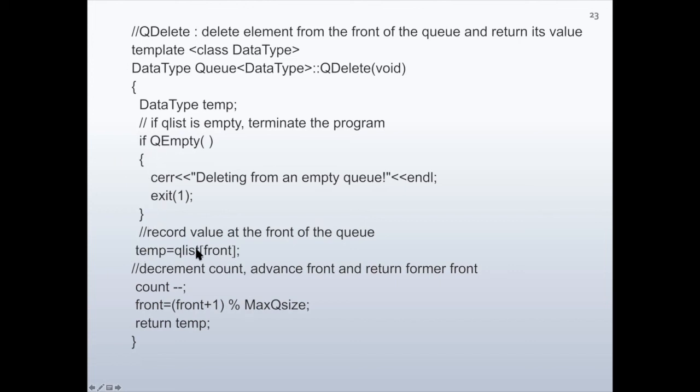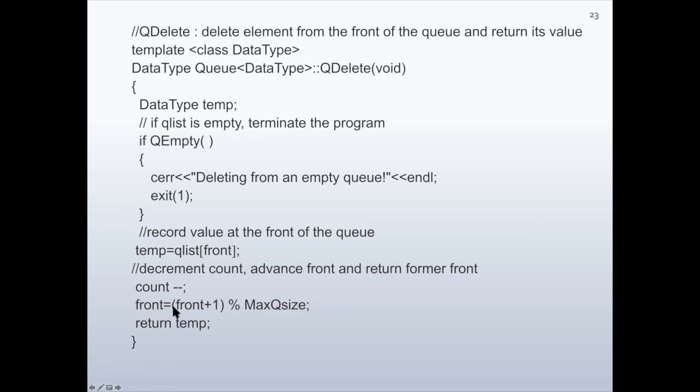We are getting the item at position front of the queue list and it is stored into the variable temp defined here. Then count is decremented by 1 and front is incremented by 1, and the remainder by max queue size is applied.